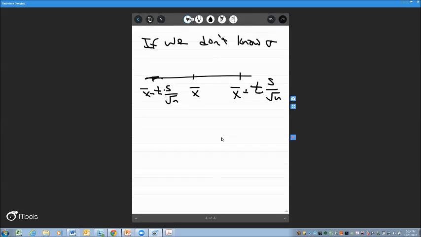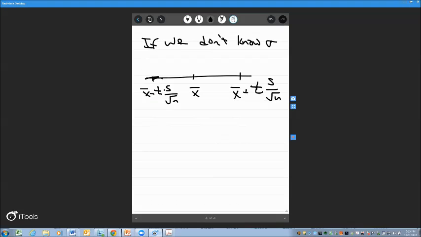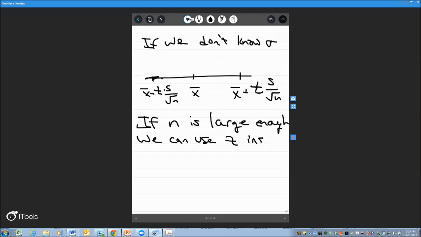Well, if n is large enough, we can use a z-value instead of t.